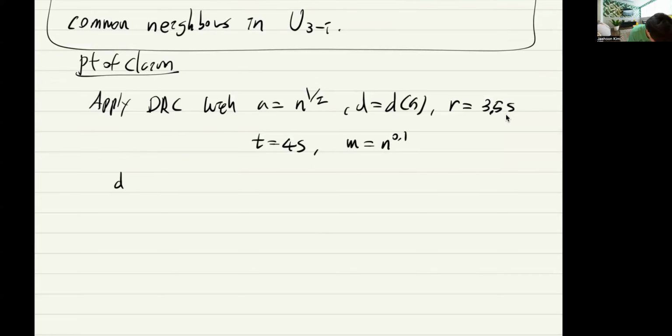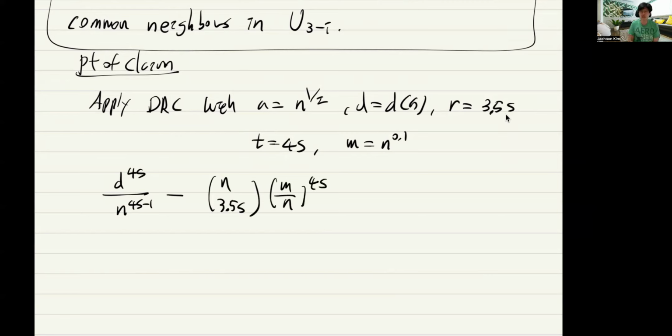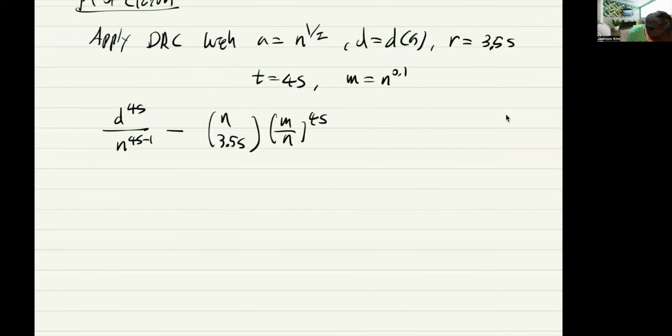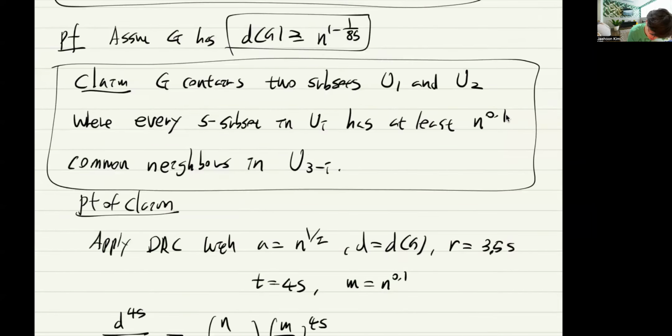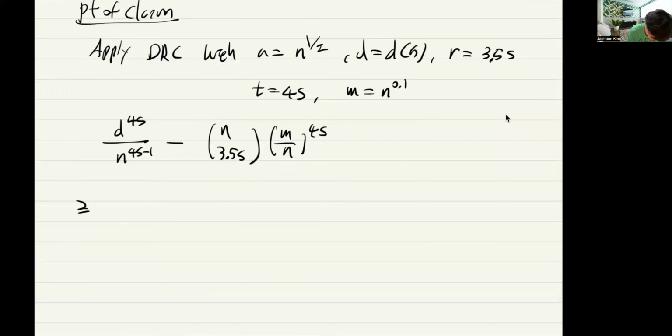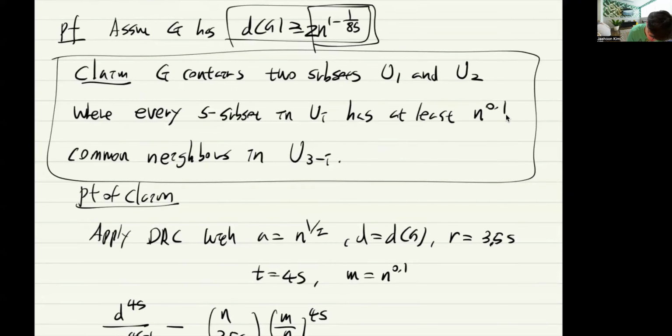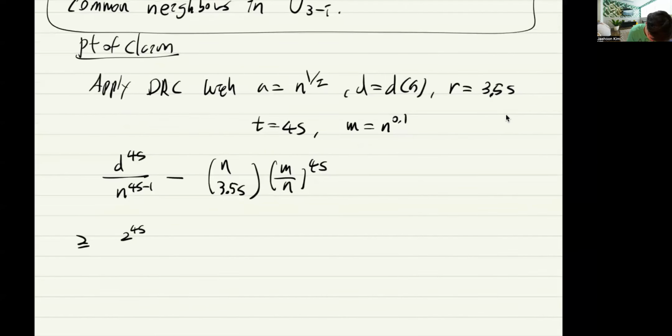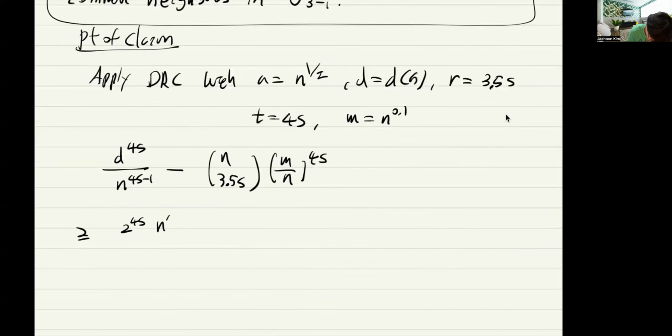Then what? Again, with this choice, we can compute this. So this is the expression you get from the dependent random choice lemma. Then what do we have? So d is like twice this. If you do it, then this is 2 to the 4s, and this 4s is like n to the 4s minus half divided by n to the 4s minus 1.